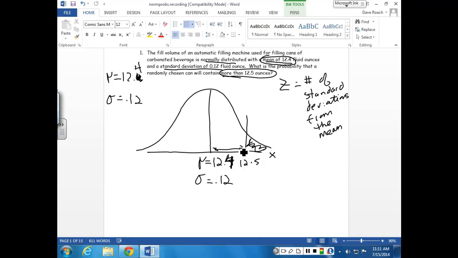So Z is just x minus mu, this distance, divided by the standard deviation, or x of 12.5 minus the mean 12.4 over 0.12. And that is 0.83.